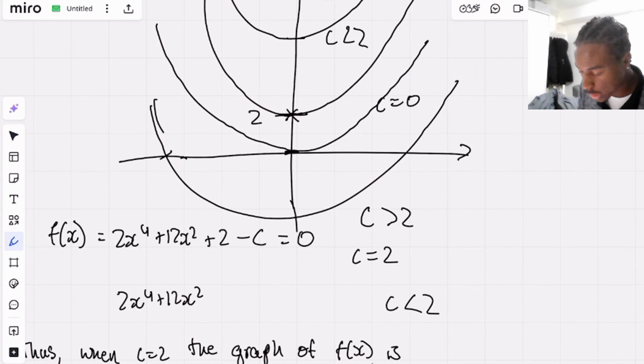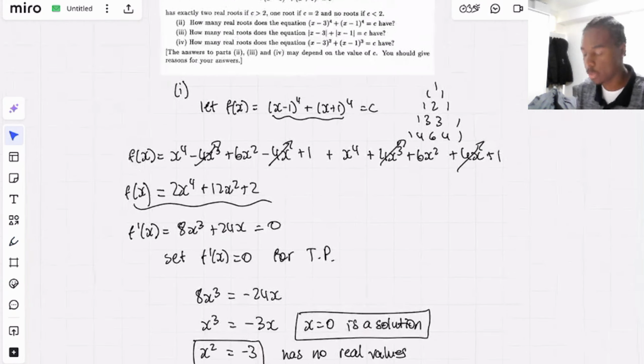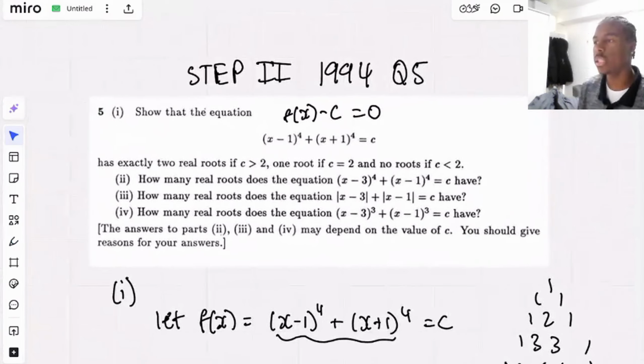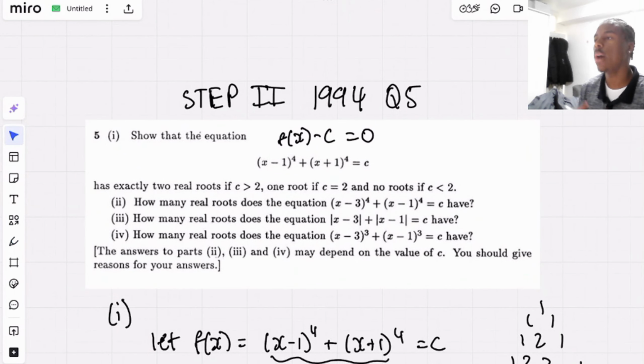And as we can see, that yields exactly 2 real roots. Okay, so that is the first part of our question. And I think if I was actually sitting the exam, I would have written out what I said. But because I'm just doing this spoken, you can understand and then from that take it and just write it down as you need to. So let's move on to part 2.